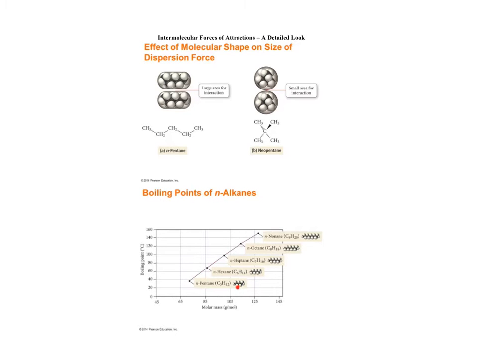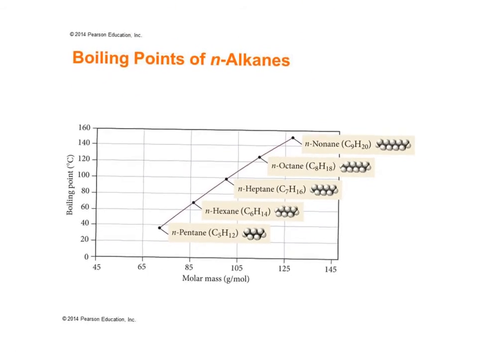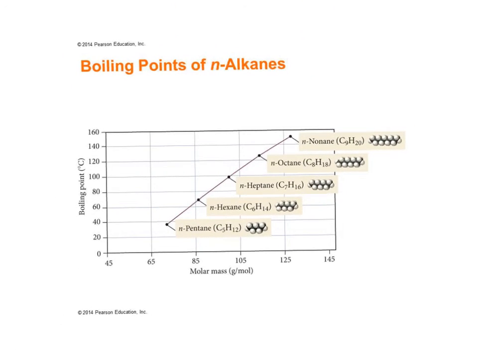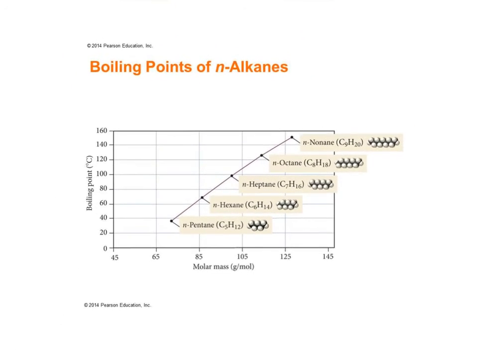We can also look at the chain length of different alkanes. When we say n-alkane, that's a way of saying it's just alkane, as you remember, meaning you have all single bonds, and n is just letting you know that these are straight chains. So we've got pentane, hexane, heptane, octane, nonane.